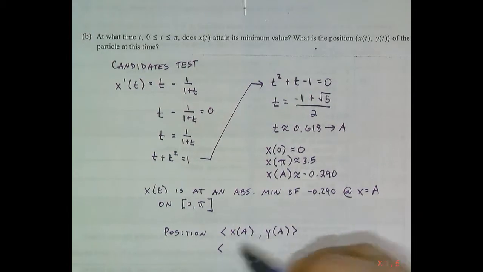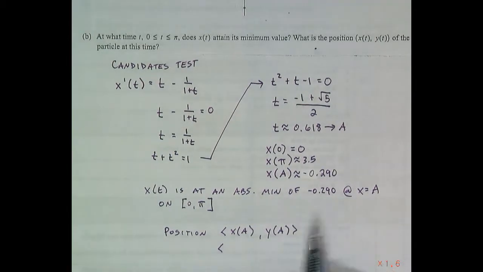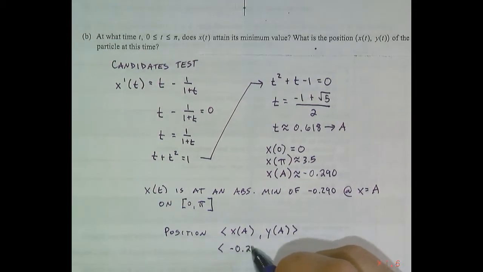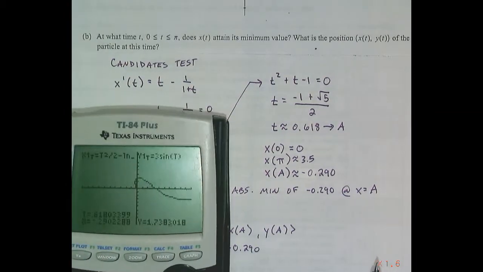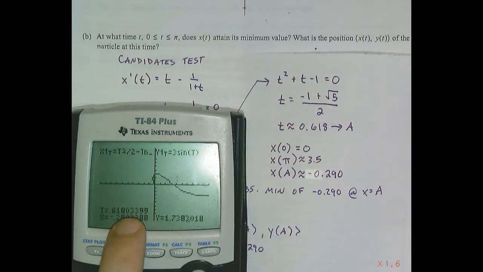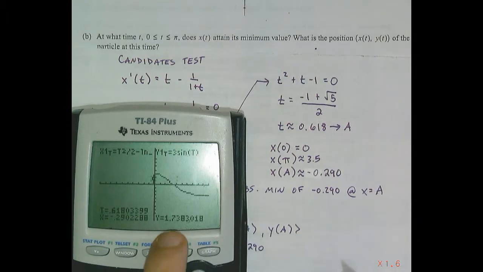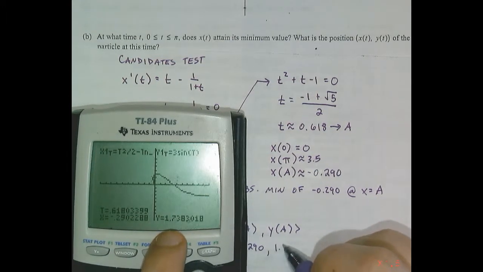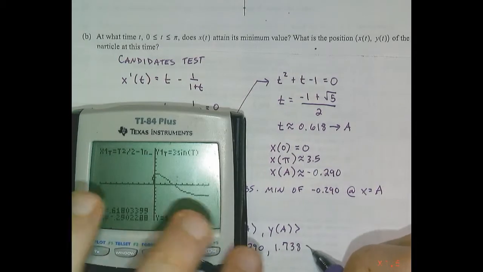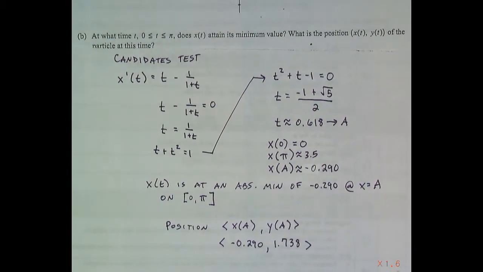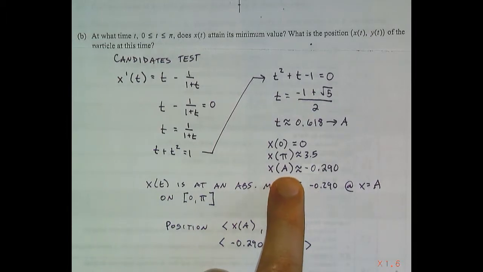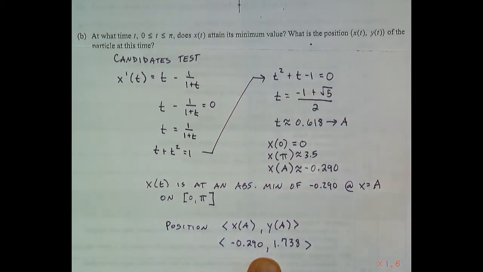So once again, the x coordinate we've already evaluated, -0.290. And if we return back to our calculator, when we type that in of 0.618, it gave us a y coordinate of 1.738. So there's our absolute minimum for x and the position that it occurs at.